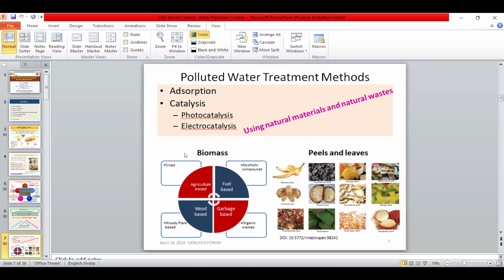This biomass can be categorized into four types: agriculture crops, alcoholic fuels, organic waste, and woody plants, wood waste. Commonly, if we go through the literature, many carbon materials are prepared using many vegetable and fruit peels and leaves.